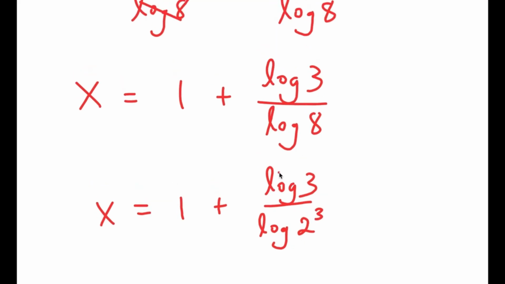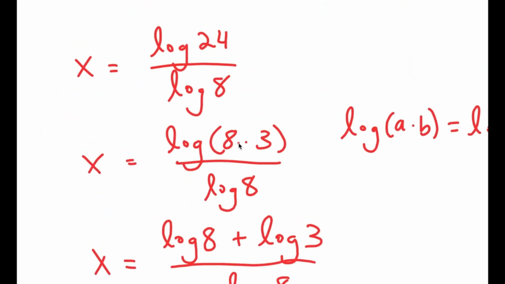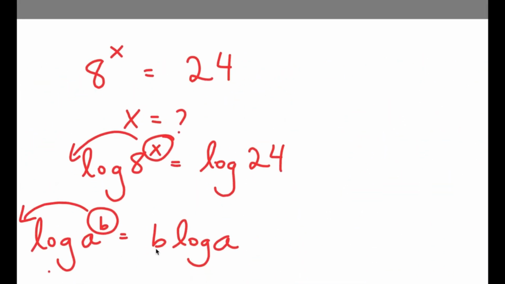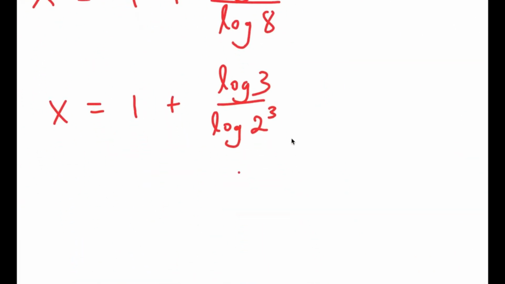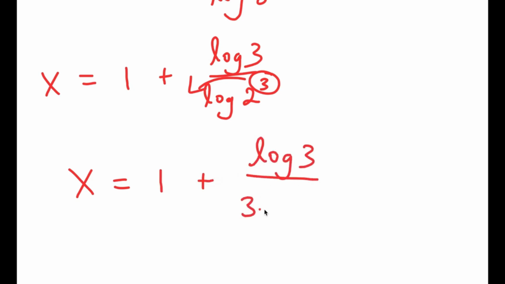And again, remember how if I have something in the form log of a to the power of b, this is equal to b times log a. So log of 2 to the power of 3 can move the 3 to the front, so this turns to 1 plus log 3 over 3 times log 2.